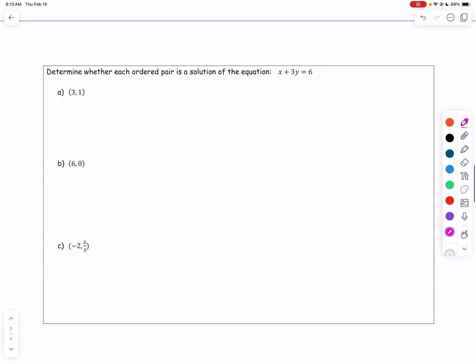All right, so we're going to try these 3 points for this equation. So I write x and y, and then I come over here, x plus 3 times y, and I want to see, does that equal 6 when x is 3 and y is 1? And 3 plus 3 does equal 6, so this would be a yes.